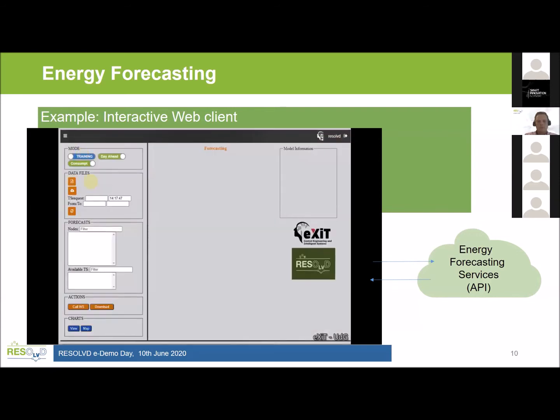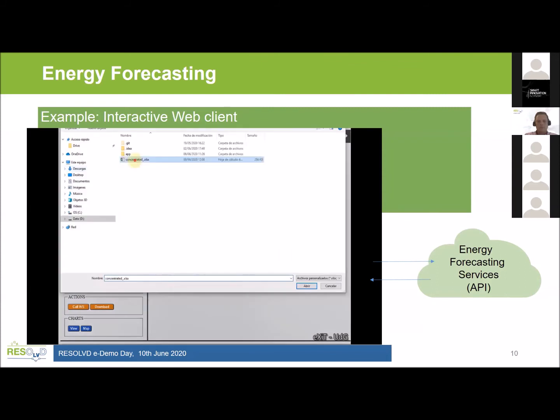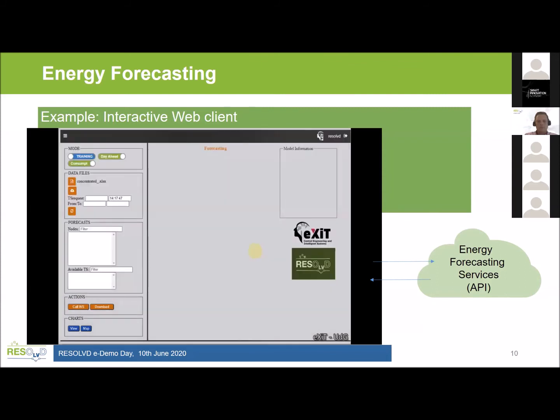And with the application, in this case, we will upload the file. We can select the training or forecasting operation. In this case, we are in the training mode. So the file has been uploaded, also converted because we work for integration with JSON files, and then we call the web service. So in this case, it's just to show step by step how it runs. So it's clear that in a real application, the flow will be performed automatically.